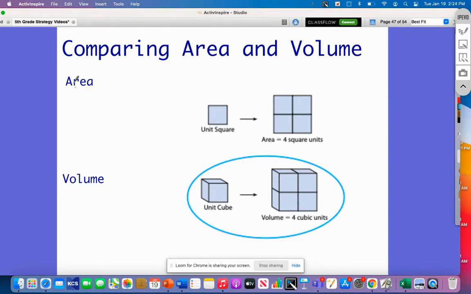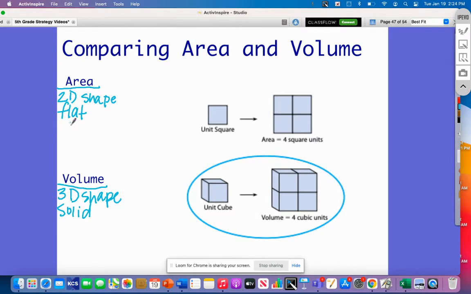So some of the characteristics of area: it would be a 2D shape, versus volume would be a 3D shape. That means this would be flat, and this would be a solid.